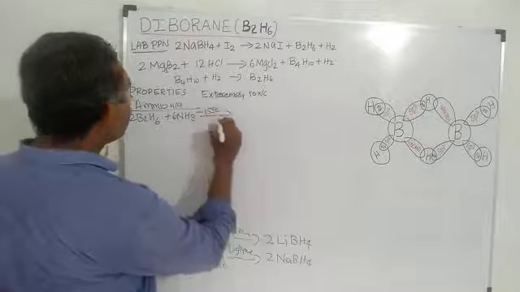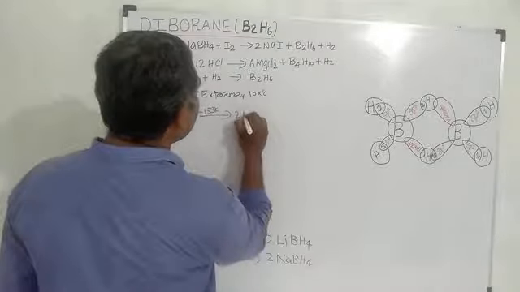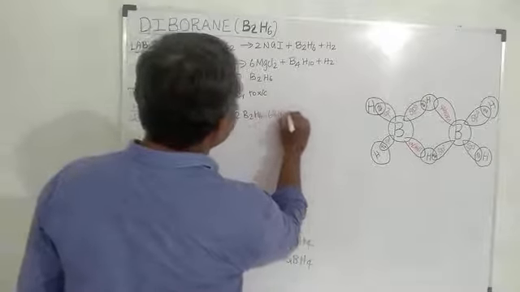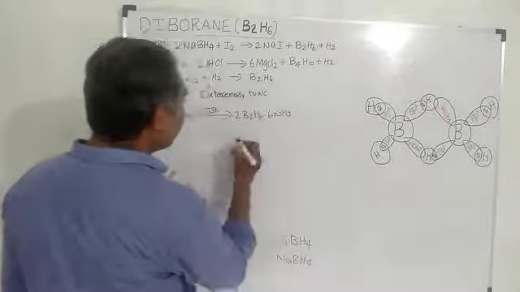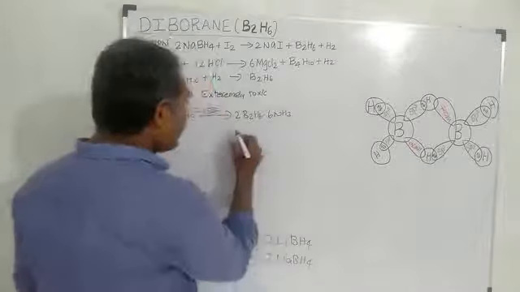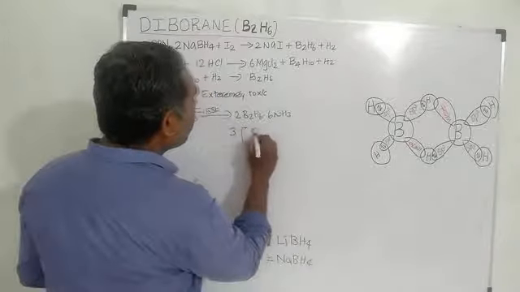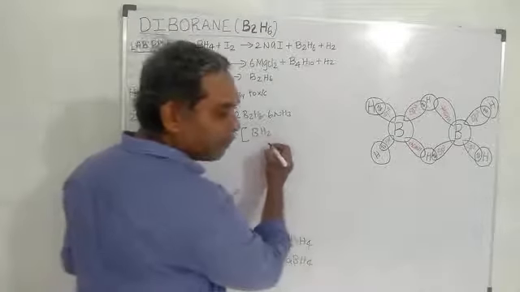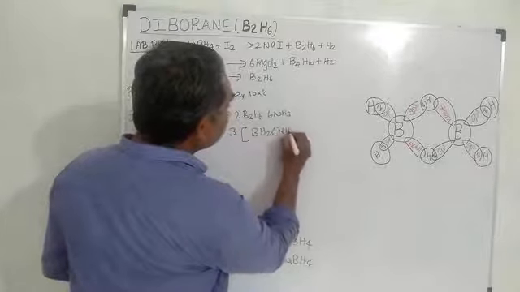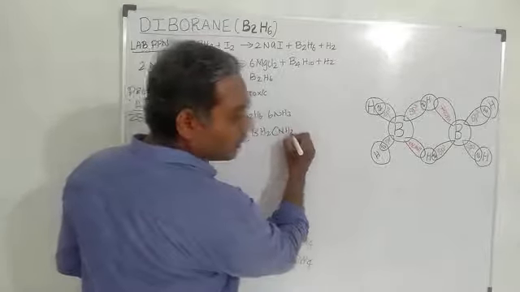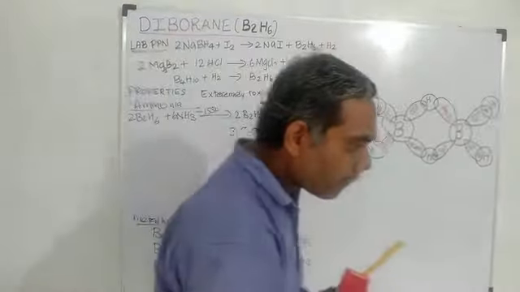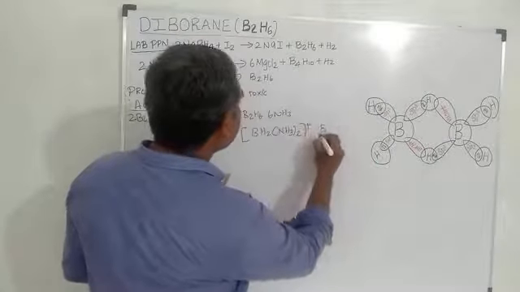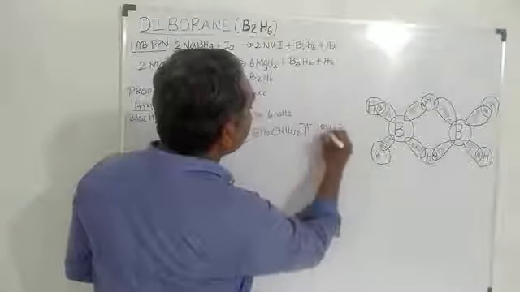We will get an addition compound, B2H6.2NH3, which will be in the form of [BH2(NH3)2]+ and BH4-.